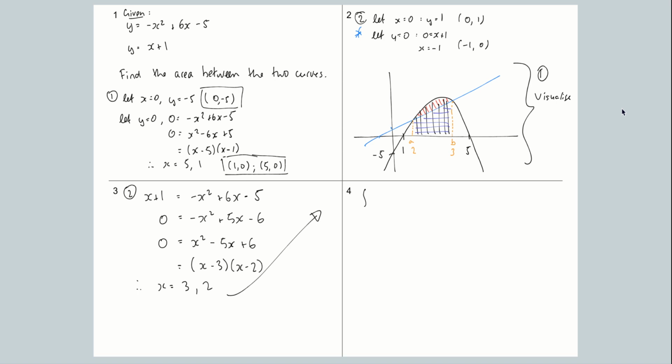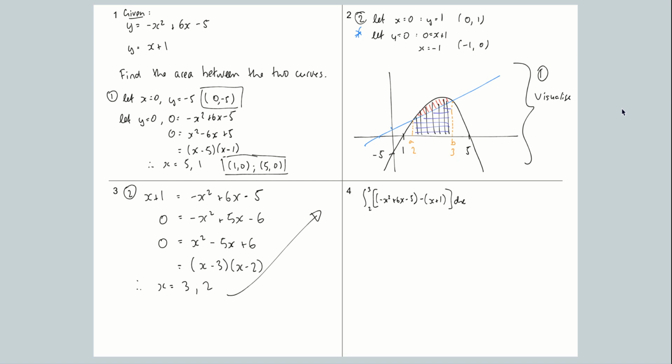I now know the boundary is between 2 and 3, and I know that I need to subtract the integral of y2 from the integral of y1, where y1 is the first equation. So I've got negative x squared plus 6x minus 5. That's the first equation. And I'm going to subtract the equation underneath, which is x plus 1. And that's all with respect to x.